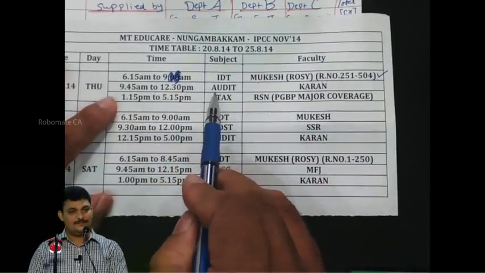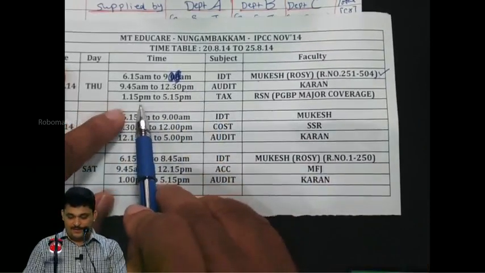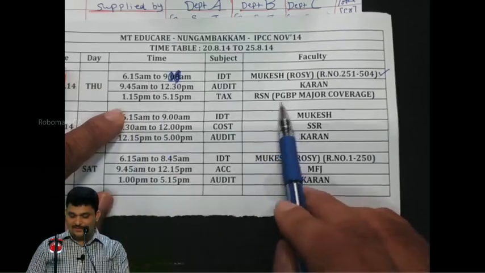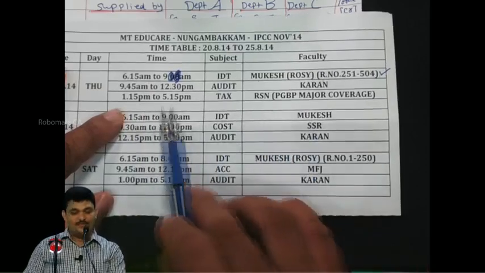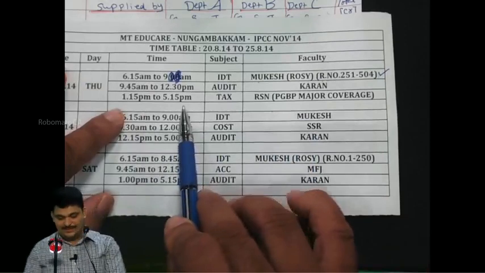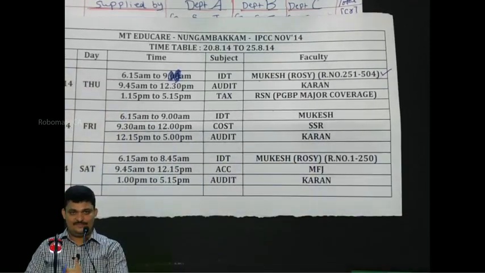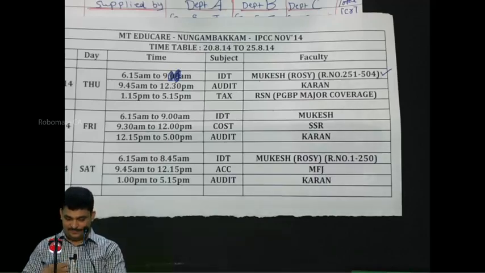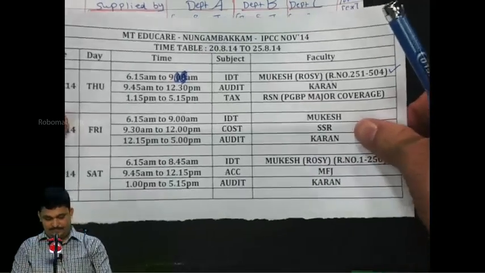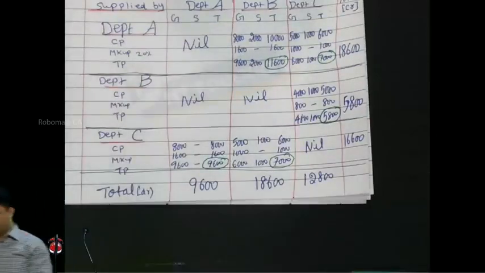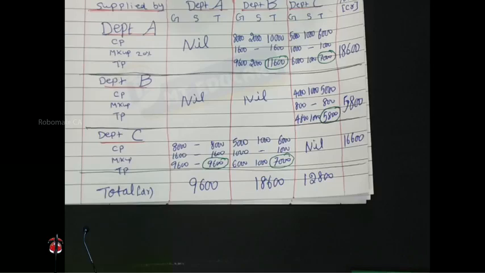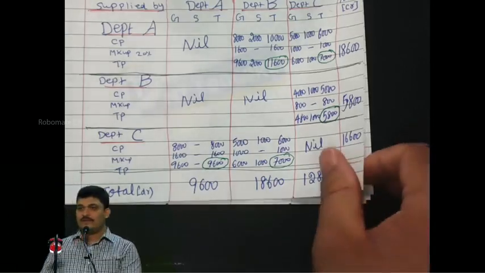First session will be audit. PGDB major coverage 115 to 515. Okay. Can I turn this page?